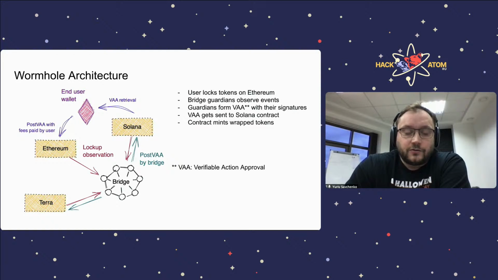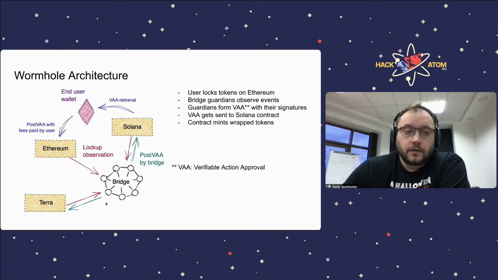Right, a few words about the Wormhole architecture, the bridge itself. If you've seen one bridge, you've seen them all. There's always an entity that locks assets on one blockchain and retrieves them on the other. The fine thing about this bridge is the so-called guardians.